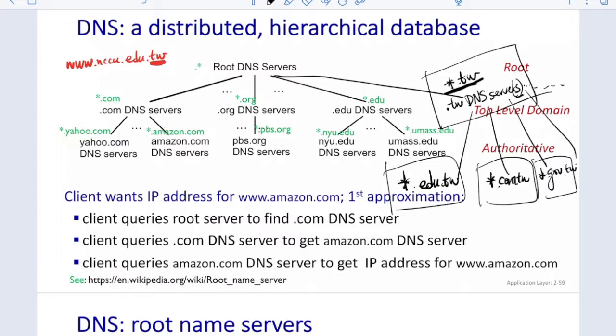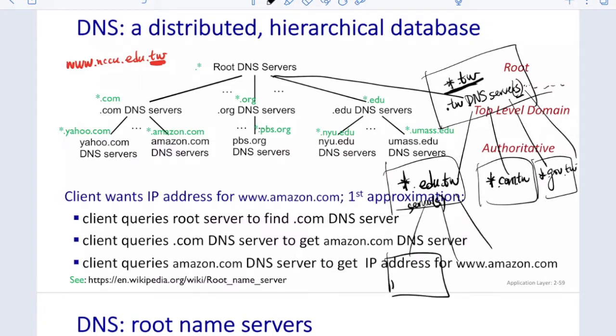There should be a lot of servers who know how to resolve those names that end with, for example, .edu.tw. So in this case, as you can see, we can further extend the hierarchy.